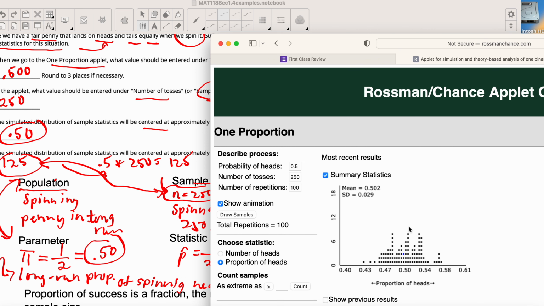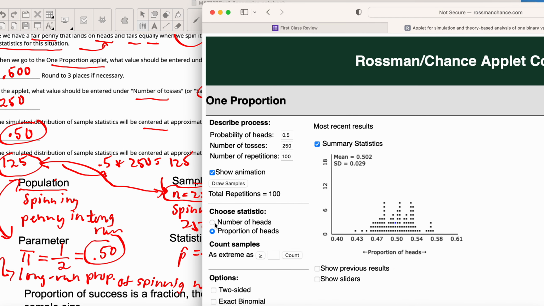If I draw the sample, I can see here that my mean is about 0.5 because I told it to. I wanted to generate a distribution assuming that I had a fair coin, assuming that pi equals 0.5. I take a sample size of 250 and then I have 100 dots. I repeat that 100 times. If I switch to number of heads here, you can see it's about 125.